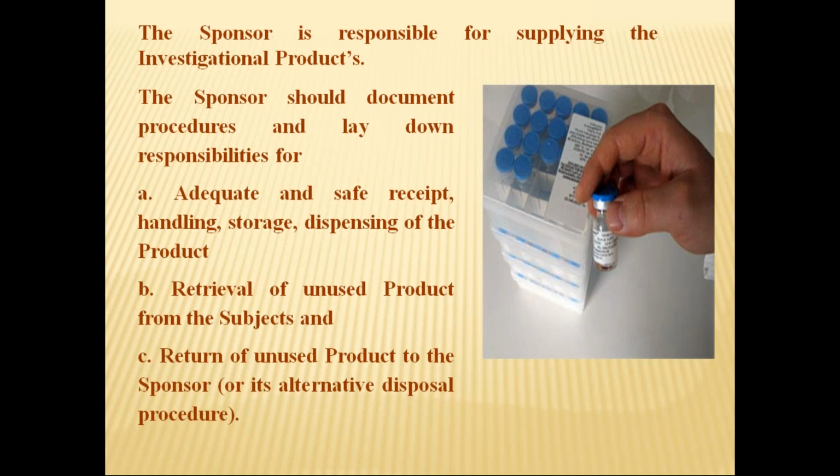And the sponsor should document the procedures and lay down the responsibilities for adequate safe receipt, handling, storage, and dispensing of the product, retrieval of unused product from the subjects, and return of the same product to the sponsor, or alternate disposal procedures.